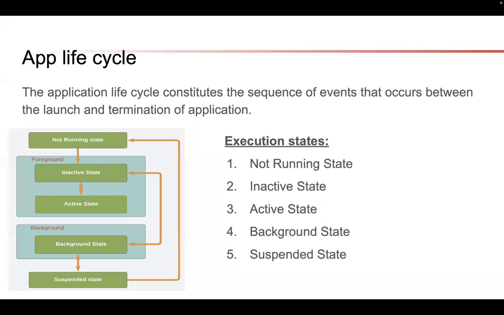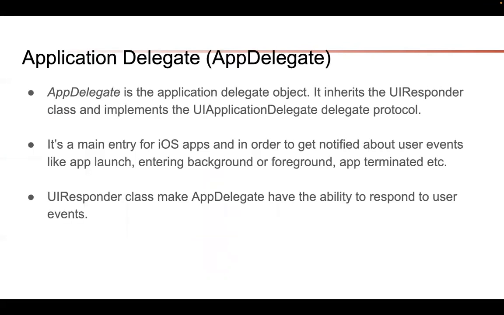And where can you get this information, like which state my application is currently in? We get that information from the application delegate, or simply app delegate. So what is the application delegate?